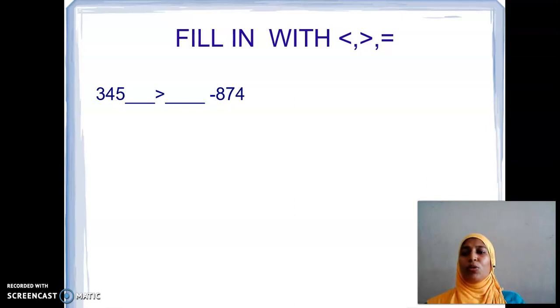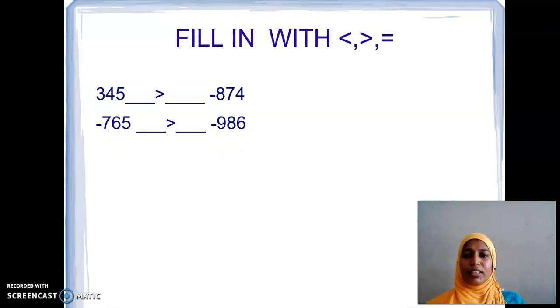Surely the positive quantity is the bigger one. Whenever we compare integers with one positive and one negative, the positive quantity will be the greater integer. Though this 874 seems to be bigger than 345, minus 874 is less than 345. Hope I am clear, my dear children.